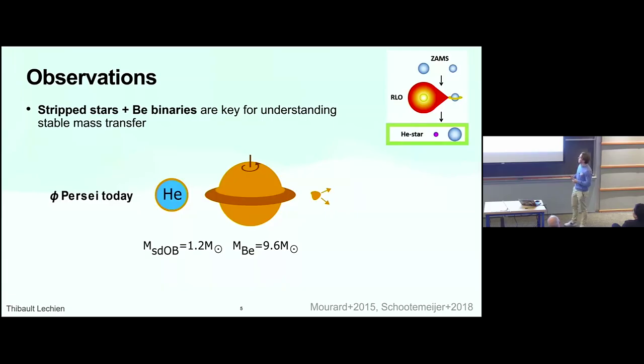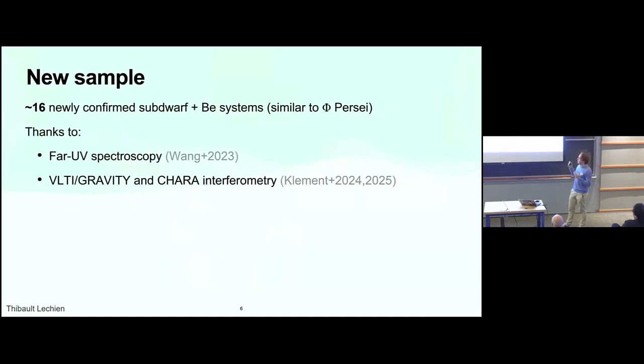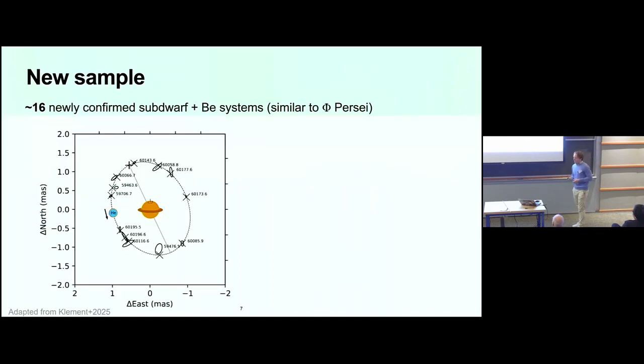And so we had this one system, and now we actually have a much larger sample of 16 similar systems. This is thanks to advances in spectroscopy and interferometry that allow us to get very constrained masses for these systems. So this is an interferometry image that was also shown by Hugh yesterday.